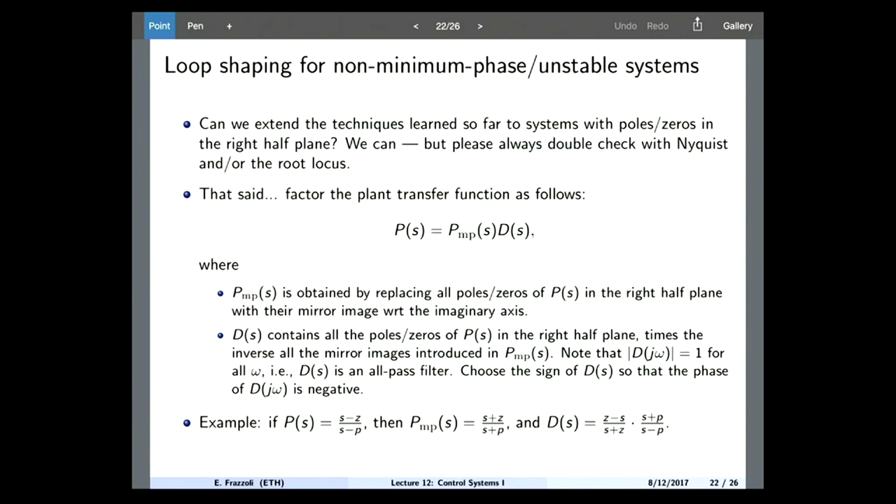Something that you can do is take your transfer function, P, and rewrite it in a slightly different way. So I say, just factor it this way.